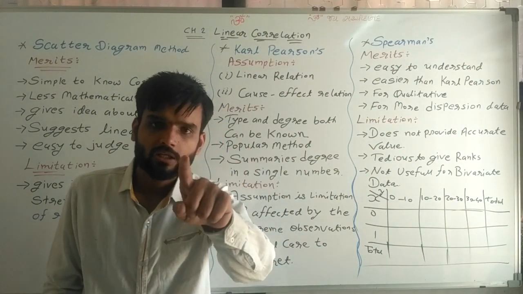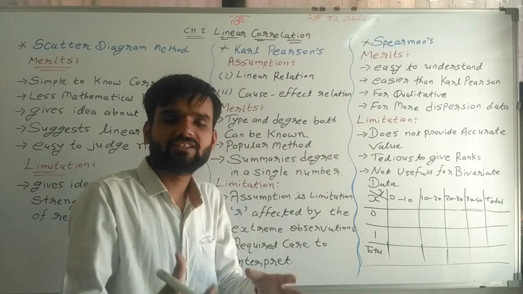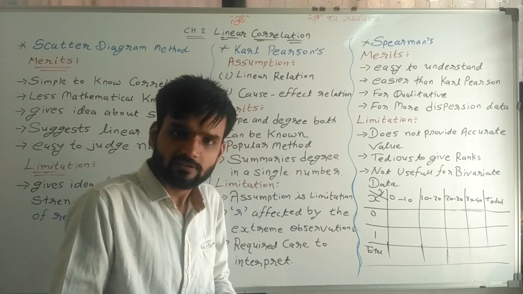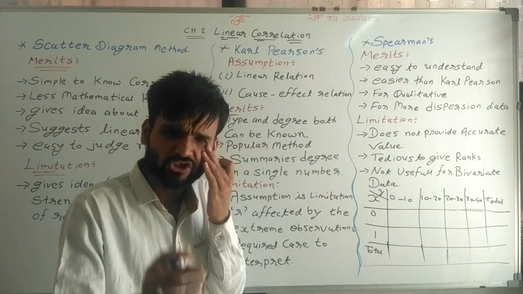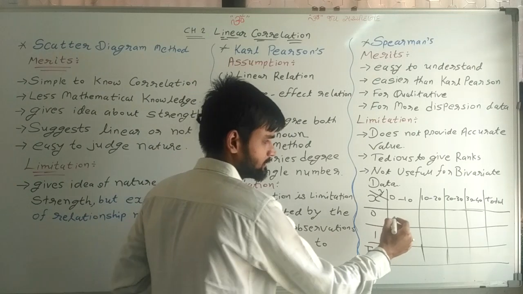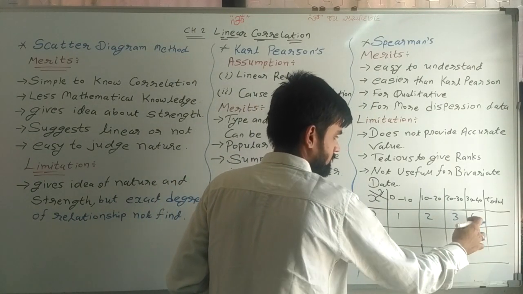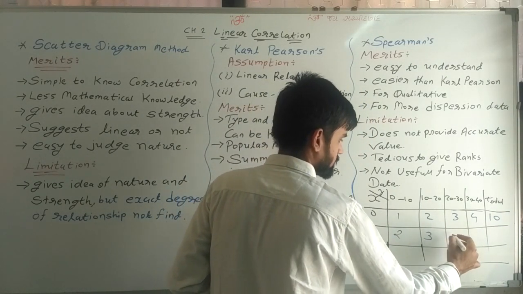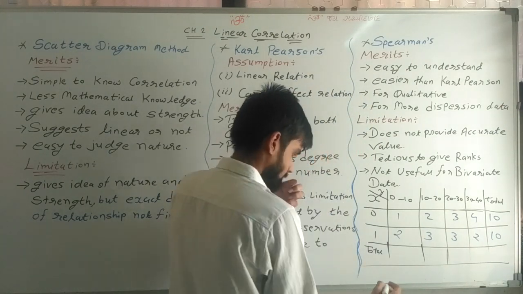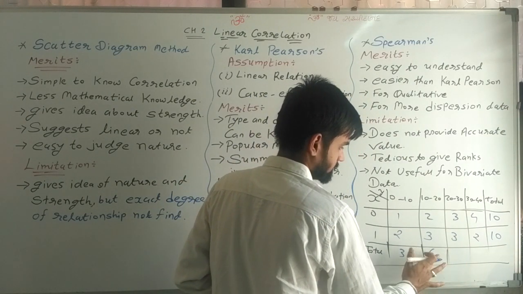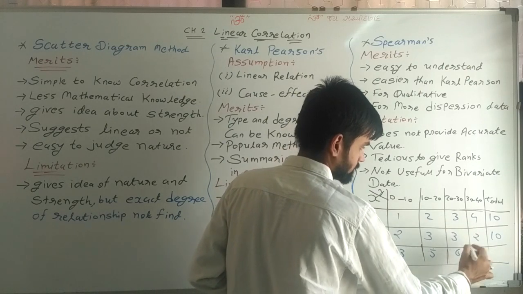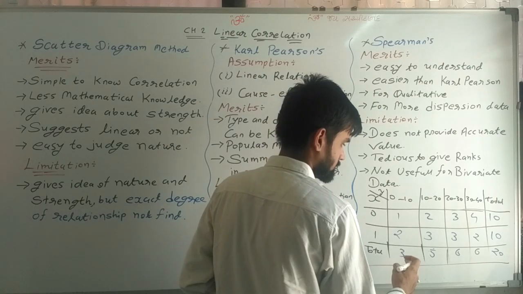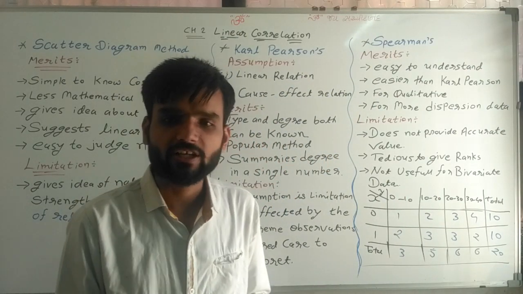When one variable is compared with two attributes, when one variable has two qualities, then bivariate data can be prepared. In short, we can say it this way. So this is the bivariate data.